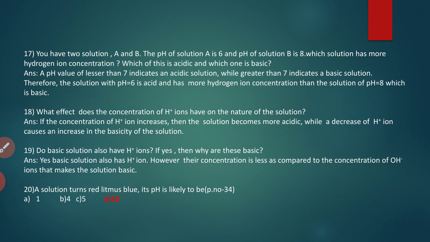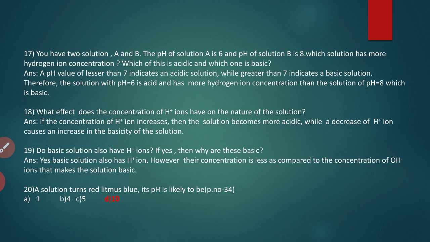A pH value of less than 7 indicates an acidic solution, while greater than 7 indicates a basic solution. Therefore, the solution with pH 6 is acidic and it has more hydrogen ion concentration than the solution of pH 8, which is basic.